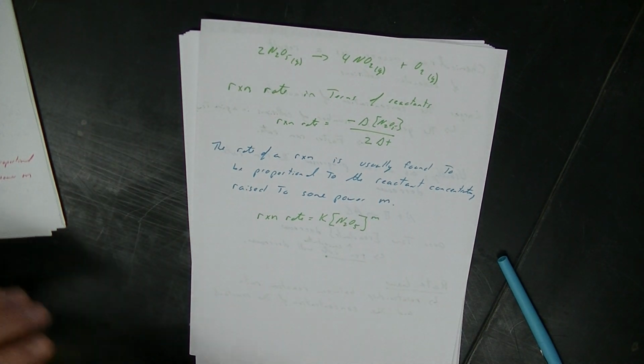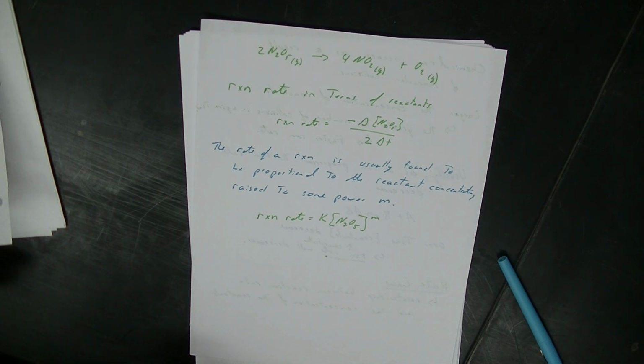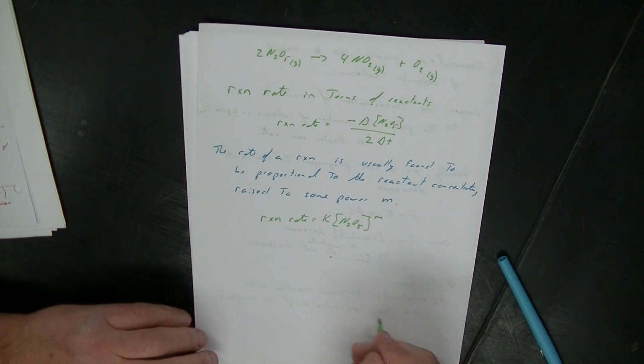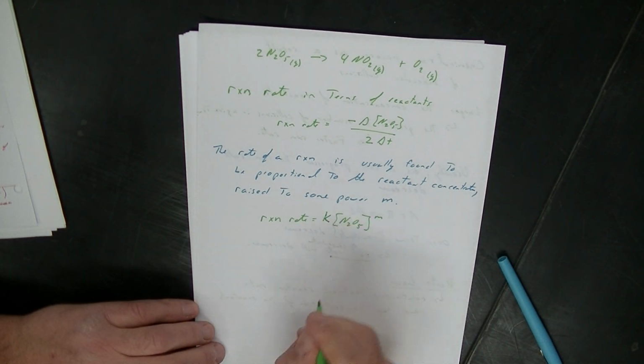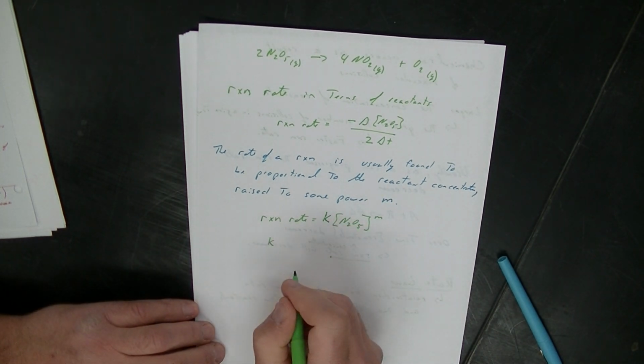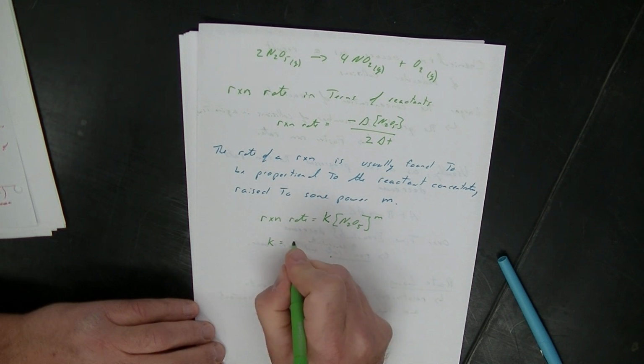And I want to talk about this. So K, and this is a lowercase k, K is called the rate constant.